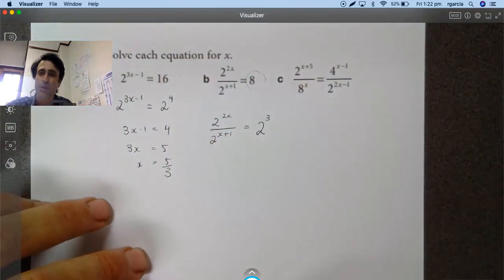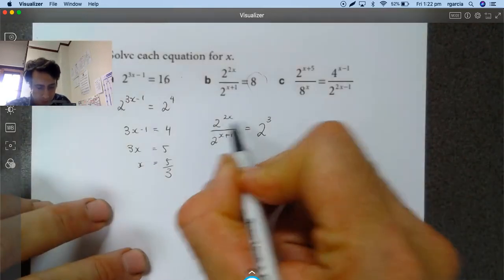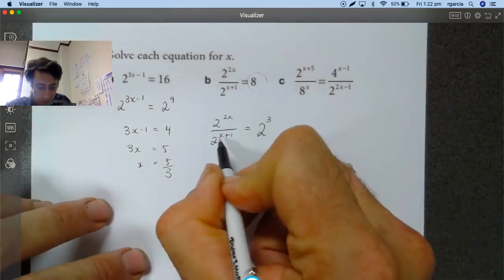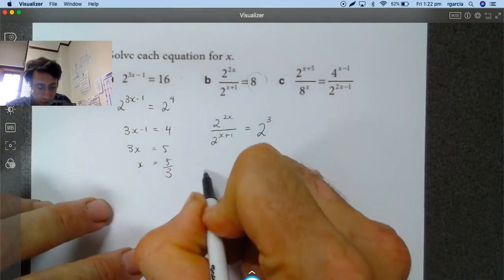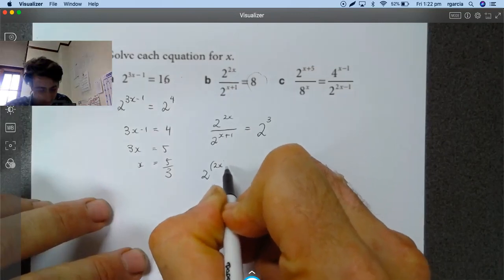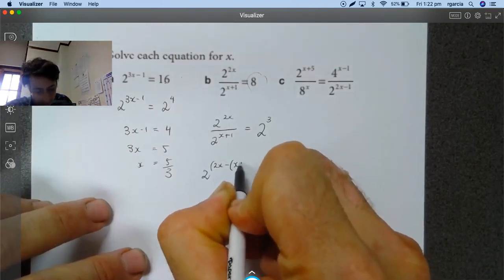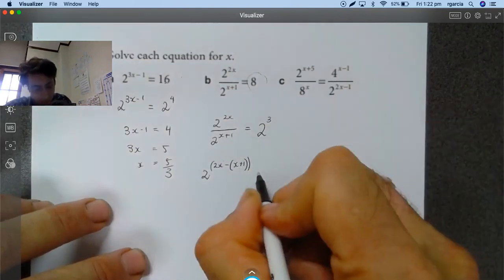They like to use 2 because it's easy to work with. Because this is a division, we can rewrite this as 2 to the 2x, I'll put brackets around it, minus x plus 1, equals 2 to the power of 3.